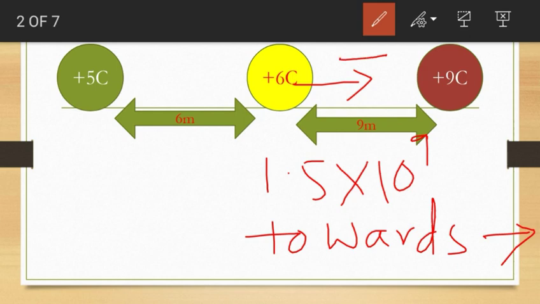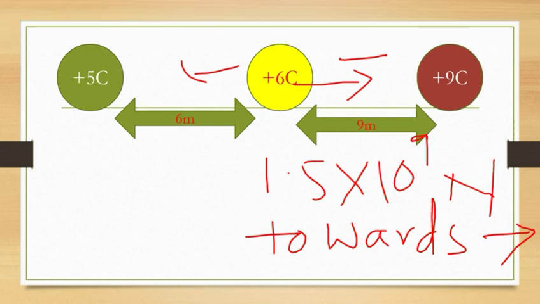Since this force is greater than this force, we have net force towards right, and the net force is 10 to the power 5 into 1.5 into 10 to the power 9 Newton. Okay, very simple questions. I hope all of you have understood already. So let's go to the next question.